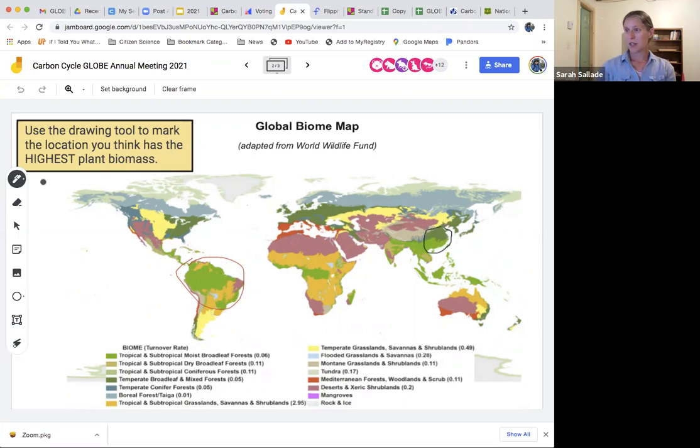So if you're just coming in, you can click the pen over here on the edge. And then that allows you to mark where you think some of the highest plant biomass is in the world.